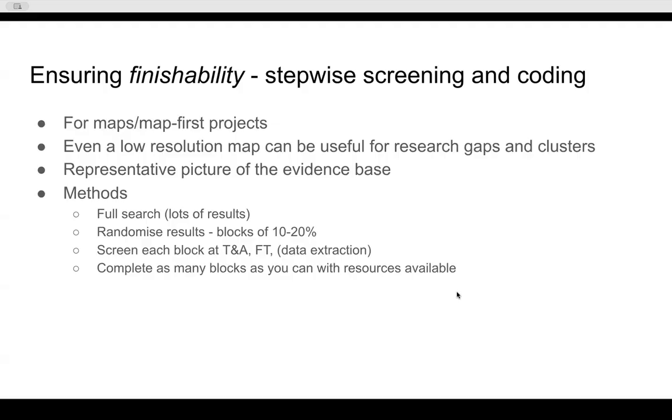And what that means is that you will have an output, even if someone cuts your funding. You will have 30%, 40% of the evidence base that will give you a representative picture of what's been done where and how. It also means that if you have staff leaving unexpectedly or some other problem that means you're slower than you thought, you would still have a result.